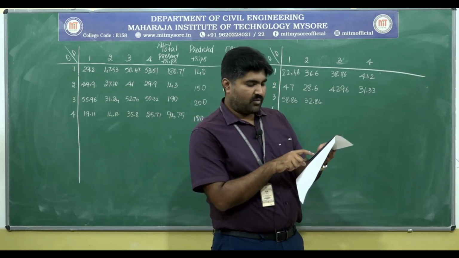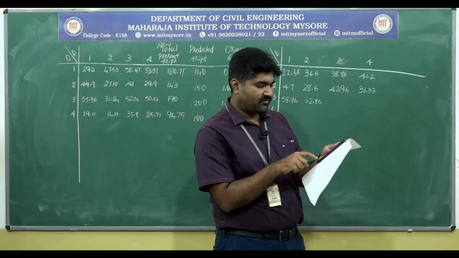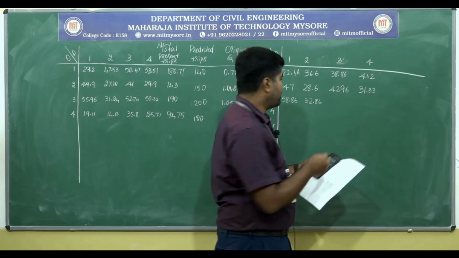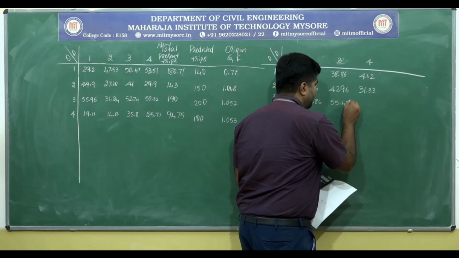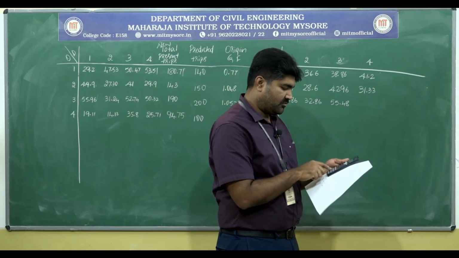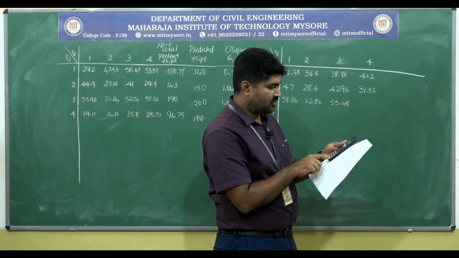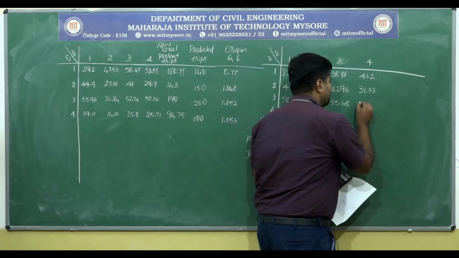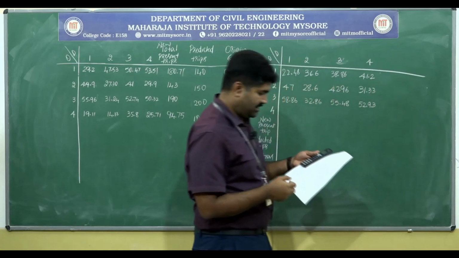Next, 1.052 into 52.74, you will get 55.48. 1.052 into 50.32, you will get 52.93.